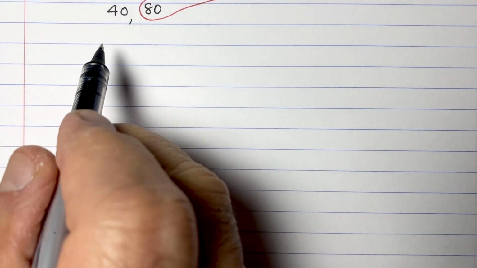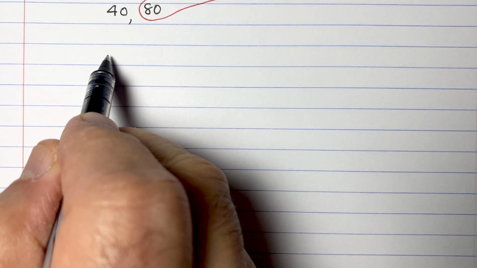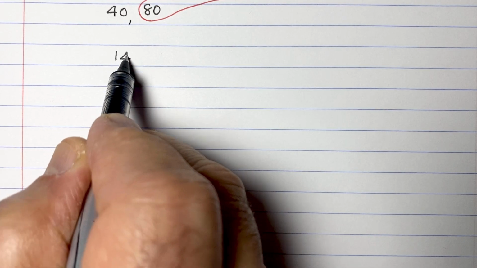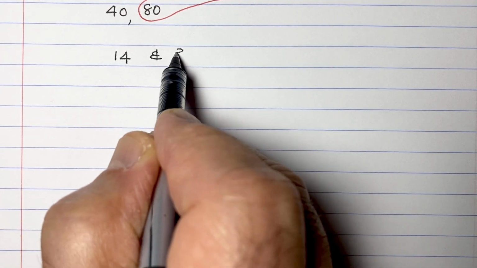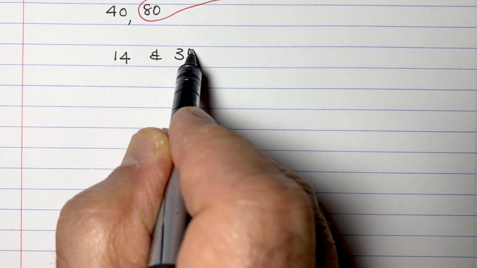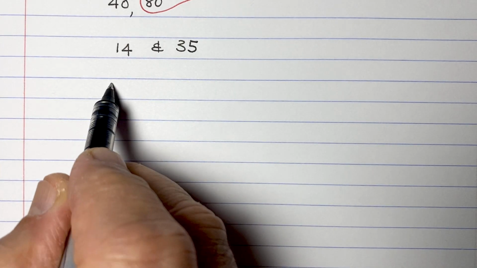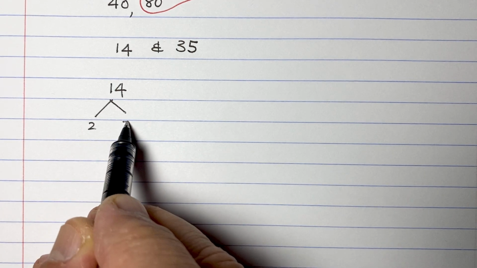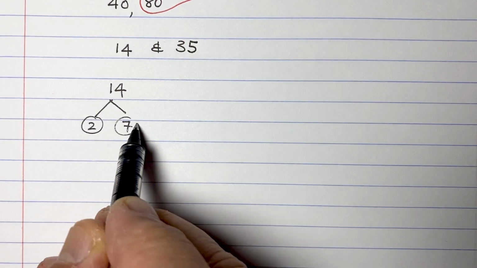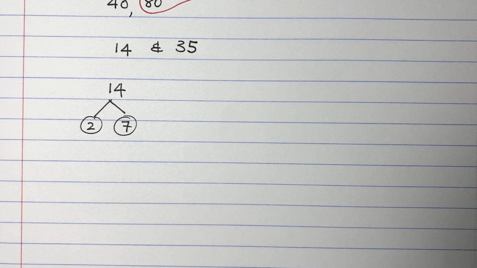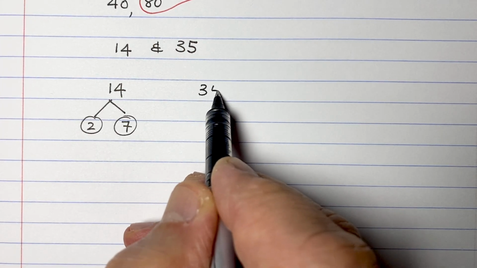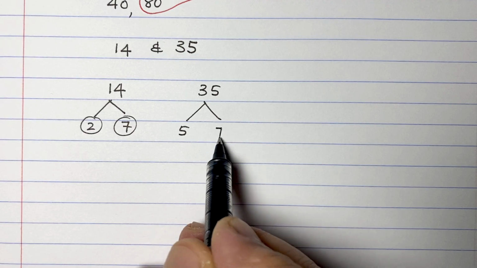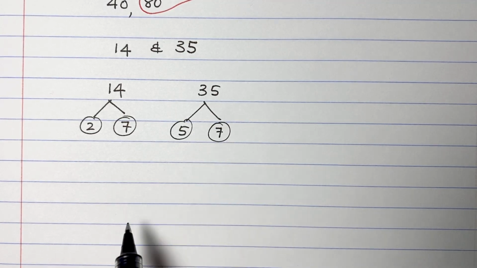One more example, finding the HCF and LCM of 14 and 35. 14 is 2 times 7. They're both prime numbers. 35 is 5 times 7. They're both prime numbers.